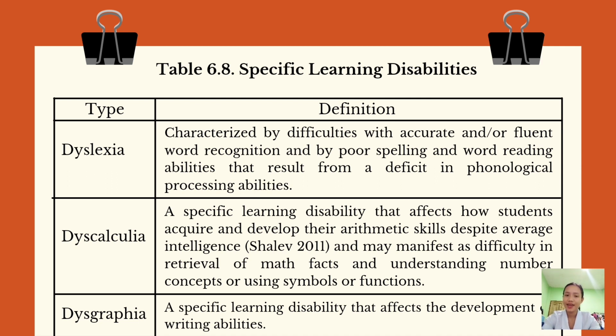Limited vocabulary and background knowledge, as well as problems in reading comprehension, may result as secondary consequences, according to Shaywitz 2003. So dyslexia is a specific learning disability that affects reading and related language-based processing skills.